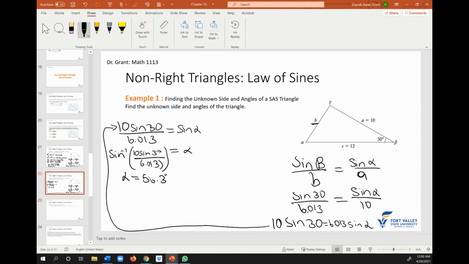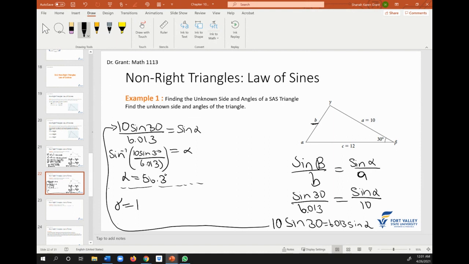All right, and in a similar way, we can also find gamma. Since we know what alpha is, you can use any angle relationship here where we have the angle and the corresponding side. Or we can just use the fact that all the angles of a triangle add up to 180.